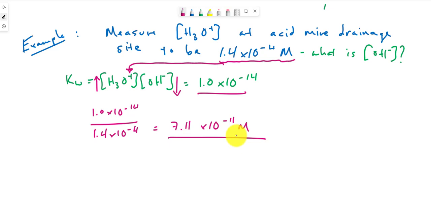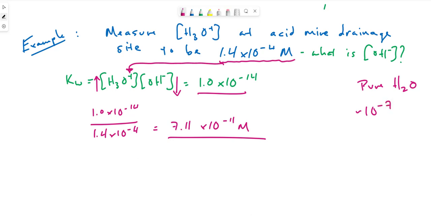So is this system acidic or basic? Well, it turns out that really it's just the relative concentrations of hydronium and hydroxide that define that system. We can infer from the question that this is acid mine drainage, so this is probably acidic. But remember, for pure water, the concentration of each of those was 10 to the minus 7.